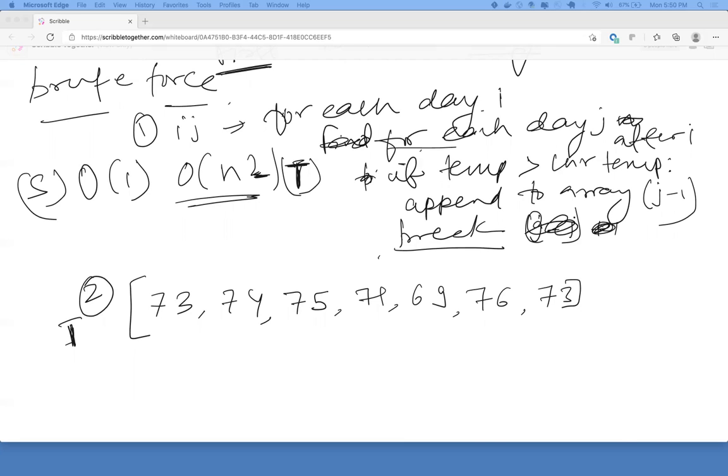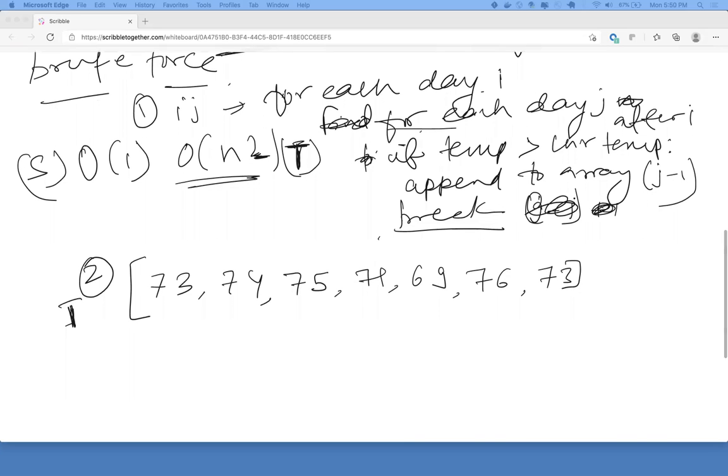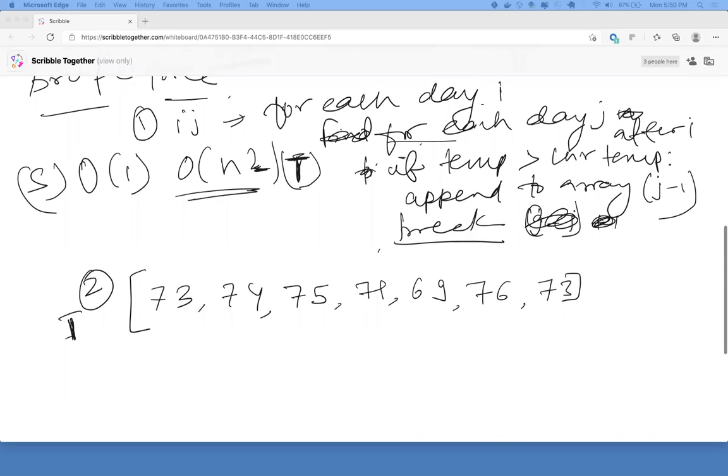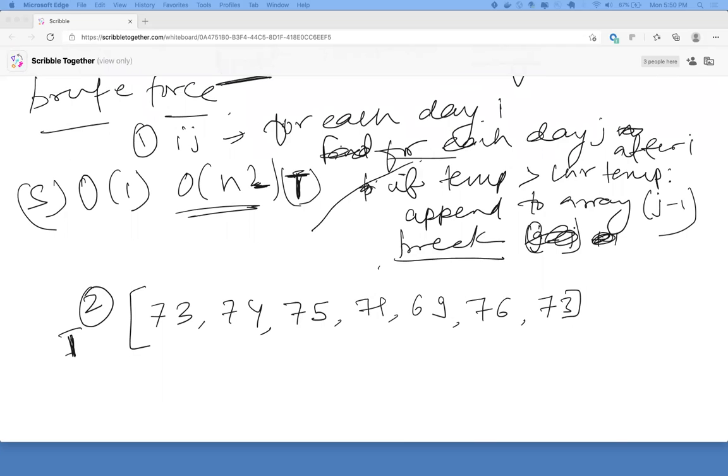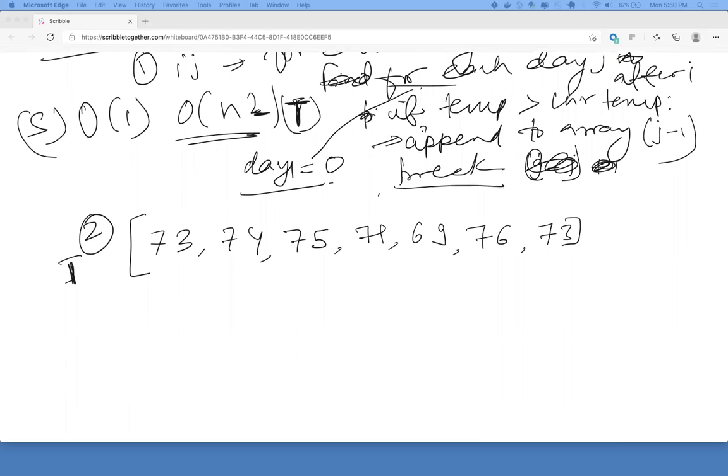My idea was that we add a temporary variable called days, and by default we initialize it to 0. And here we just update days equal to j minus i, and then after the break, we do the append.